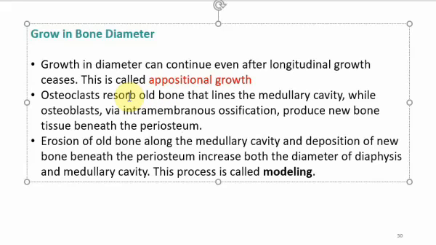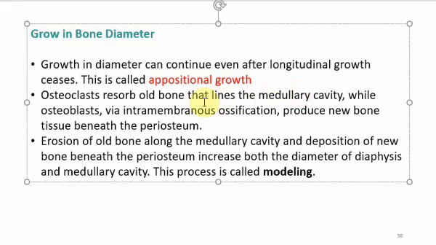It is broken down and absorbed, taken into solution. The chemicals in these bones are released. That's what we're calling resorption, the breakdown, the solution of bone. So that resorption is done by osteoclasts. Osteoclasts are responsible for resorption of bone that lines the medullary cavity.